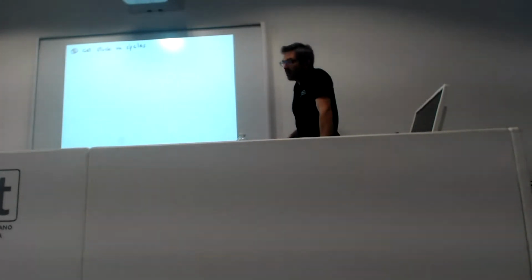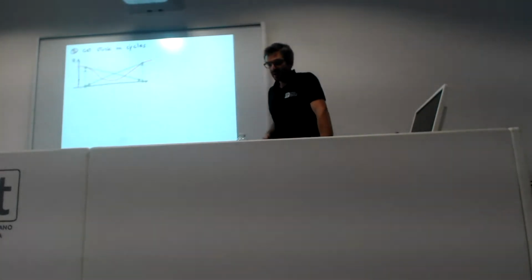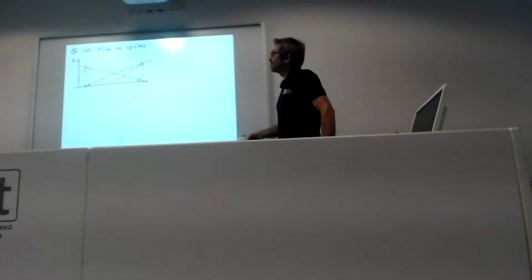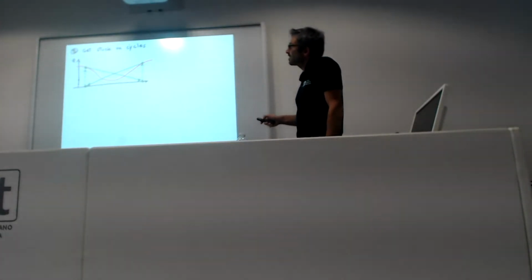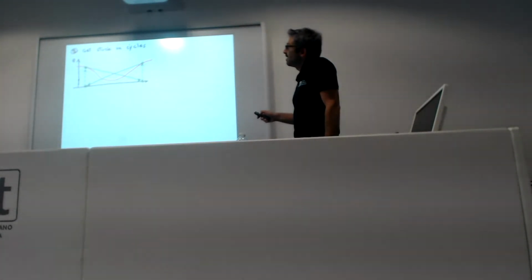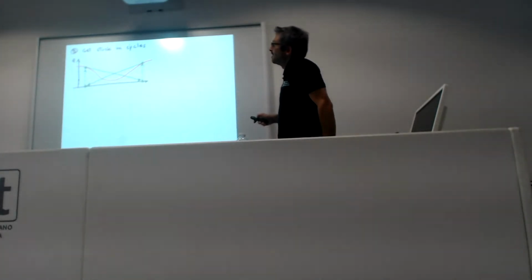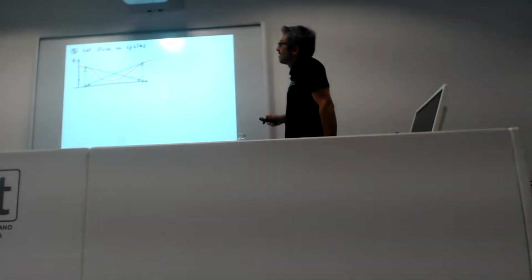The other problem that you can have is that the algorithm gets stuck in circles. In this case it goes here, then the next step it goes back here, and it starts to cycle. This is happening because the error is not decreasing enough. If you evaluate the error here and here, it's the same, for example.